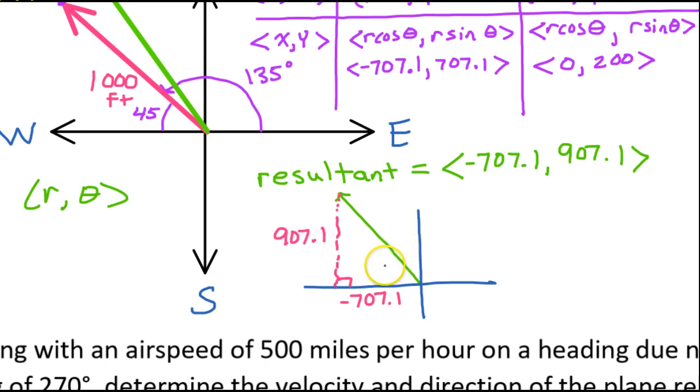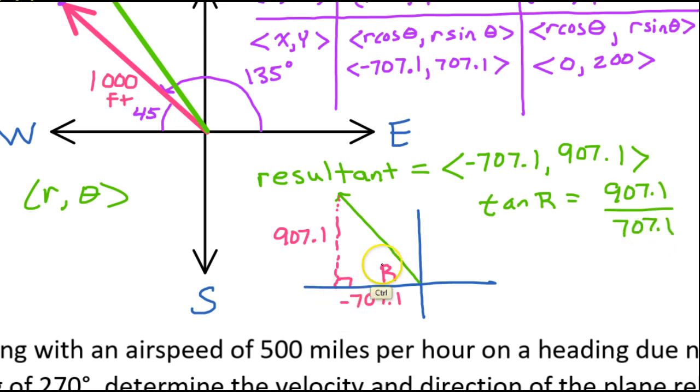So this vertical portion is my 907.1. So I can find this reference angle, which I will call R, using tangent. I know that the tangent of R will equal 907.1 over 707.1.